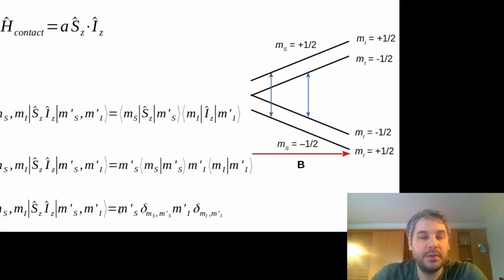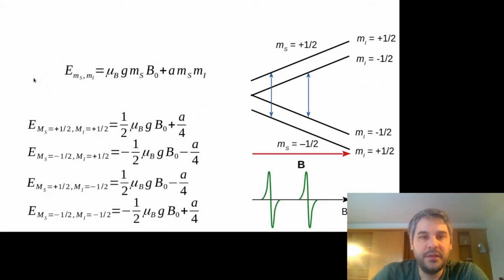So we can replace m prime s by ms, and we can replace m prime I by mi. And basically we see that the contact interaction is this Hamiltonian multiplied by a number which is a. So numbers can be simplified and put in front of the brackets with no problem, because numbers commute with all operators that we use in quantum mechanics.